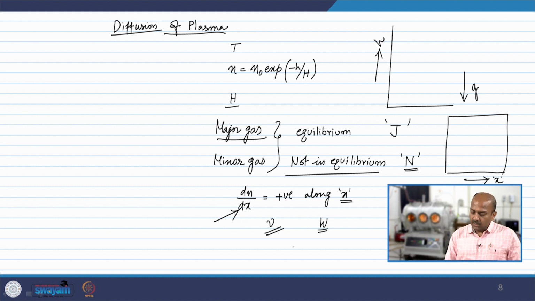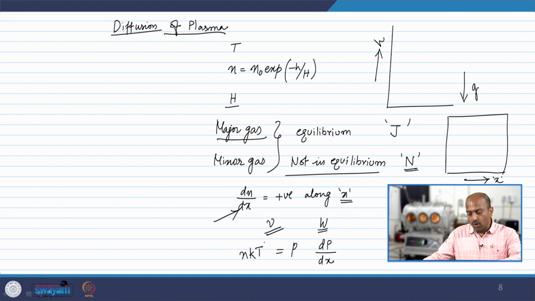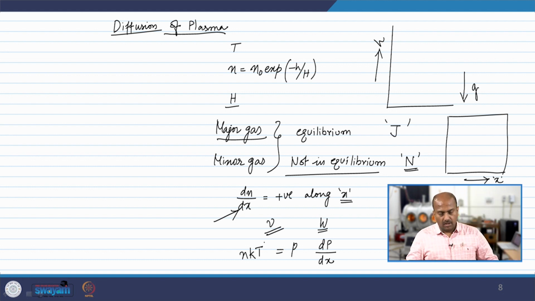Let us say we have a partial pressure P for the minor gas. Since there is a gradient, this gradient in the number densities translates into a gradient in the pressure. So P equals NkT. Now, each unit volume of the minor gas species will experience forces. What type of forces?